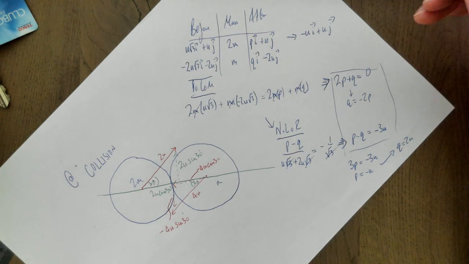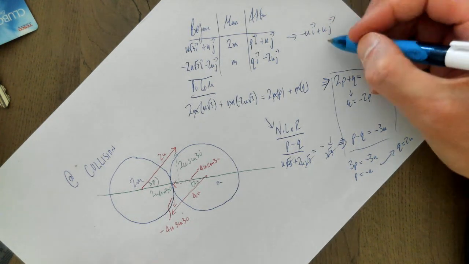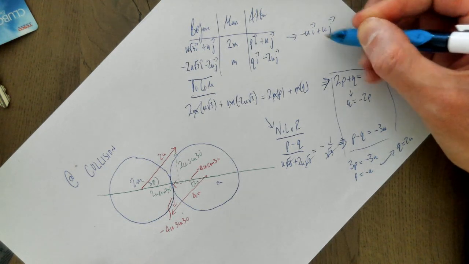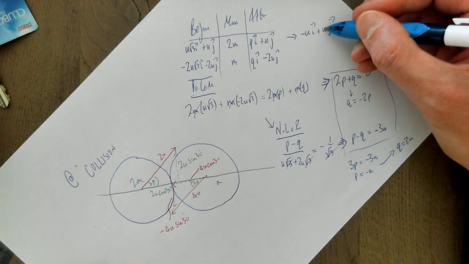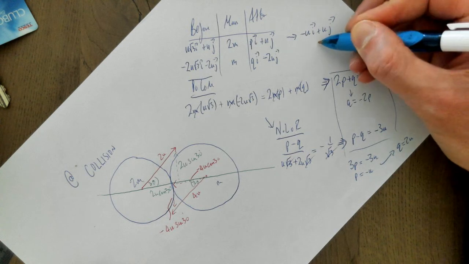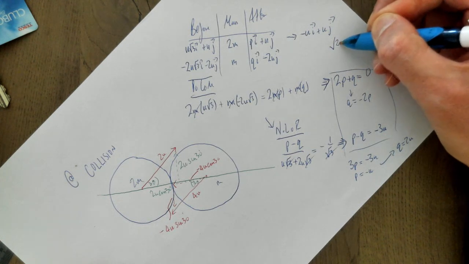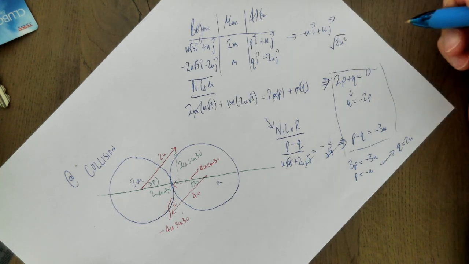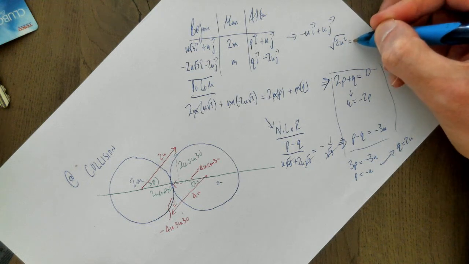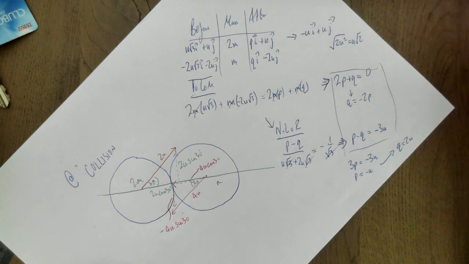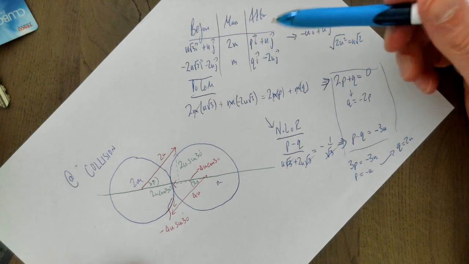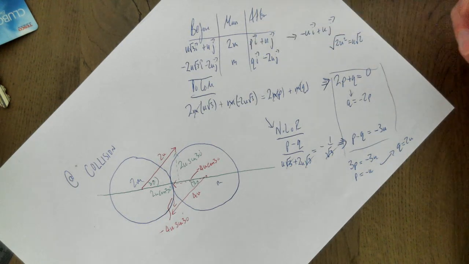Now we need to have a scalar quantity here, so that's going to be the square root of minus u squared plus u squared, so it's 2u squared, square root of 2 squared, which is u root 2. Okay, so that's the speed of the 2m one.